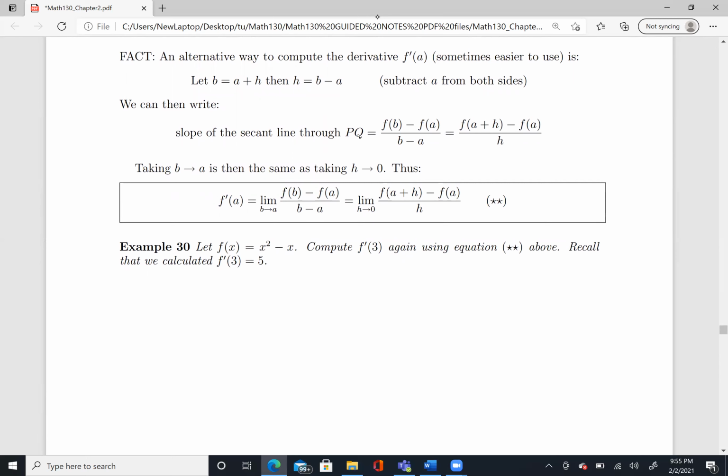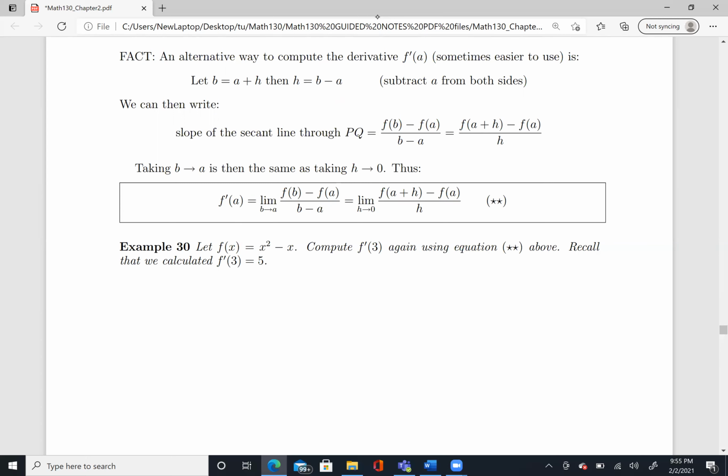Okay, so now let's go to the fact. An alternative way to compute the derivative f'(a), sometimes easier to use, is: let b equal a plus h, then h equals b minus a. Subtract a from both sides, right? You can see h equals b minus a.